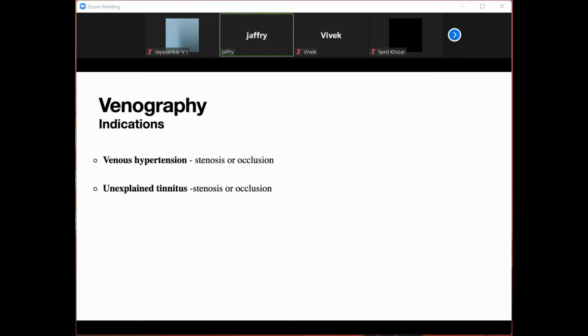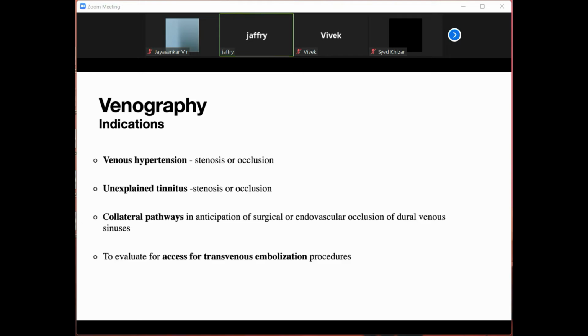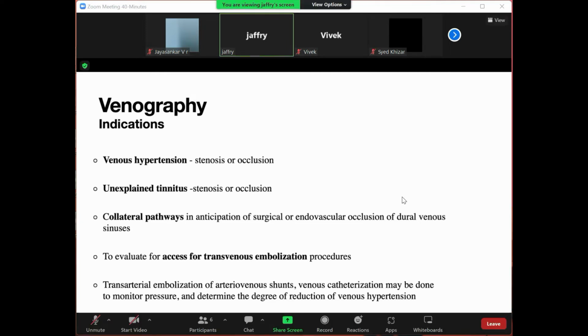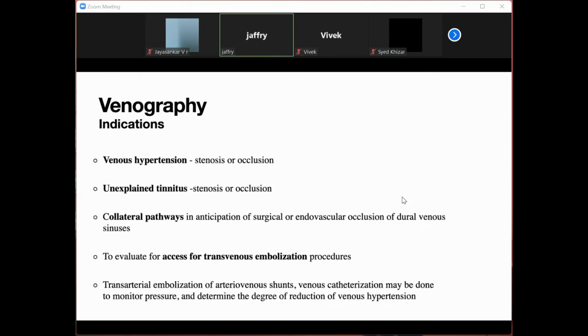Also in patients with unexplained tinnitus, similarly to look for any stenosis or occlusion in any one of the sinuses, and to know the collateral pathways in anticipation of surgical or endovascular occlusion of the dural venous sinuses, and to evaluate the access for transvenous embolization procedures, and also for transarterial embolization of AV shunts. Venous catheterization may be done to monitor the pressure in this scenario, and to determine the degree of reduction of venous hypertension post-procedure.